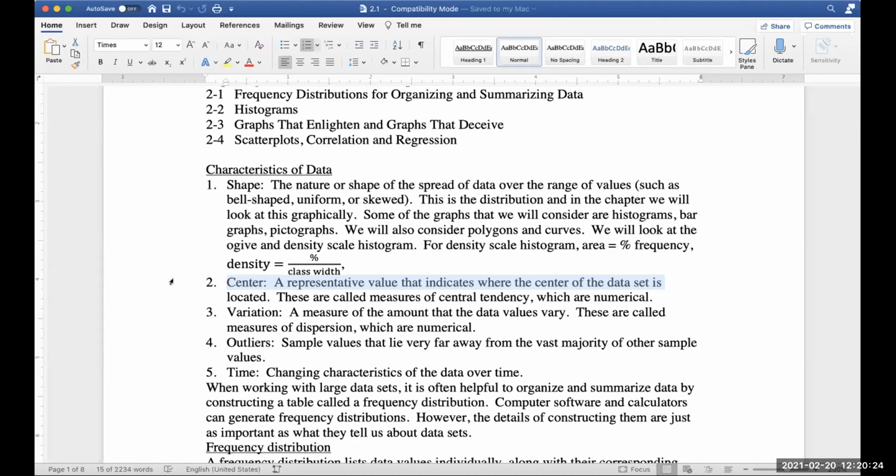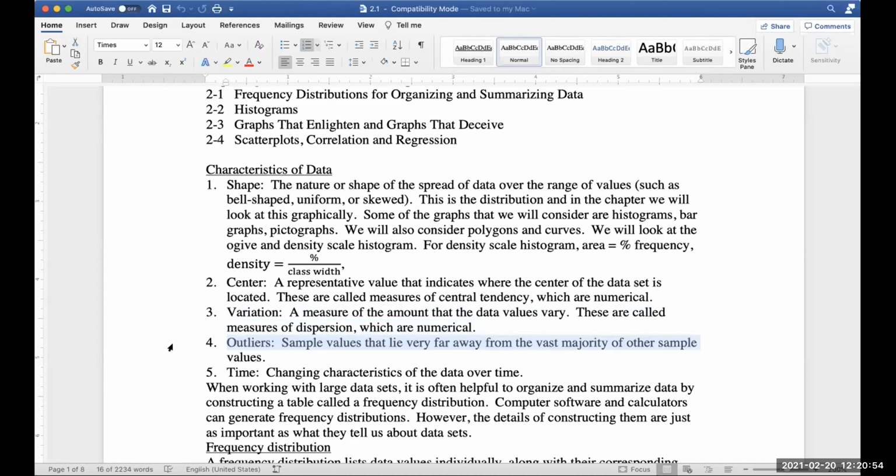These will be numerical measures, called measures of central tendency. Next, we'll be looking at the variation. We want to somehow measure the amount that the data varies. This will be done numerically. These are going to be called measures of dispersion.